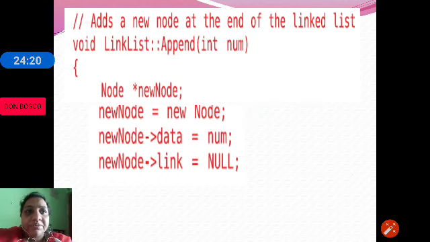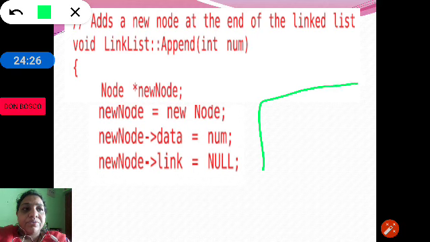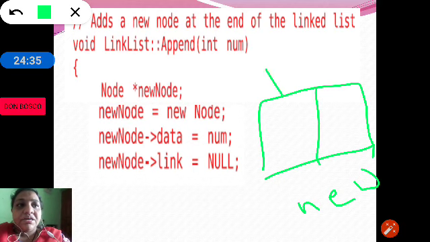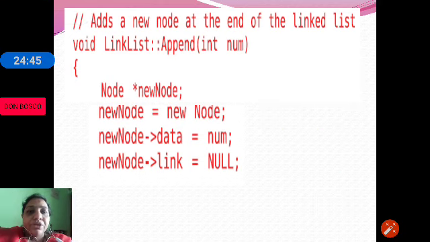After a node has been created, say we have a node, it has two parts: the data and the link part. Some value we store in data, and the link we make null. A new node has been created.